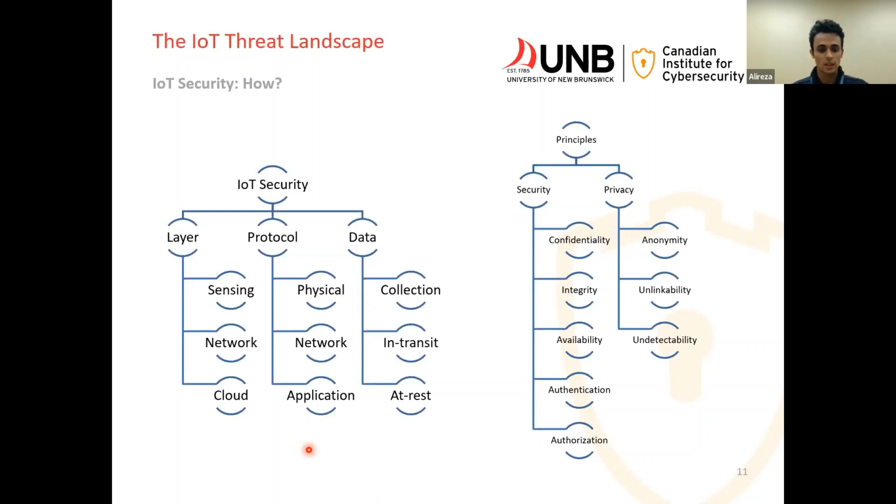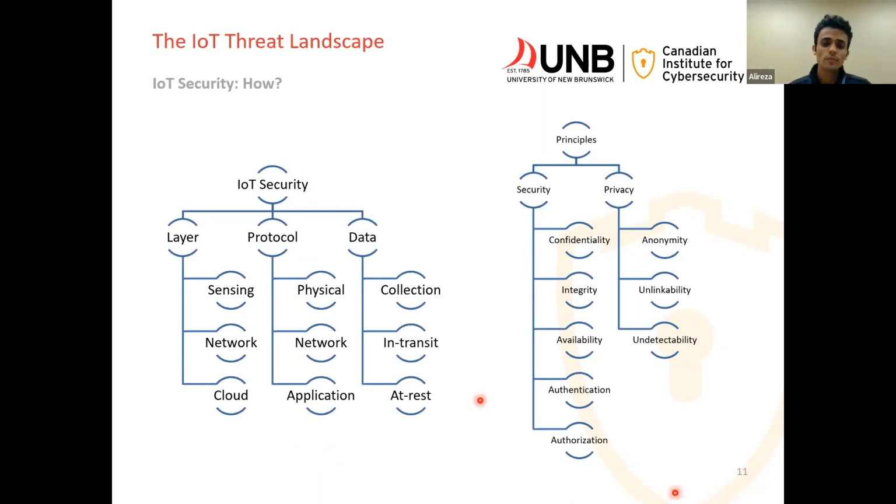Then the data in transit, we need to take care of it because it's being transmitted throughout the network, and the data at rest stored on a cloud, which is a single point of failure. We need to take care of it and make sure it won't have security and privacy concerns.